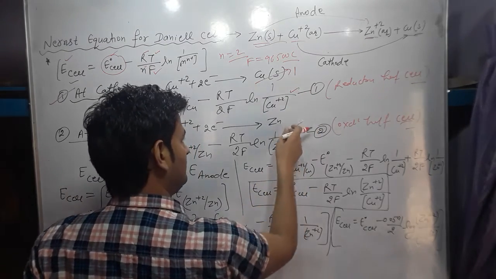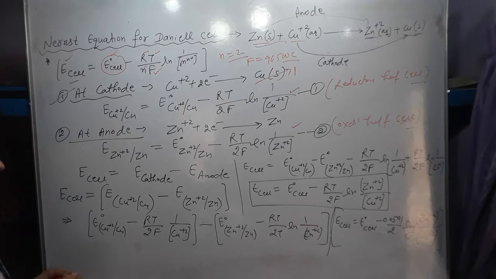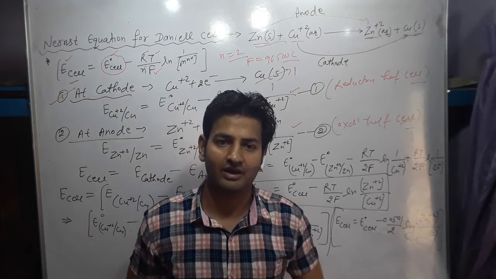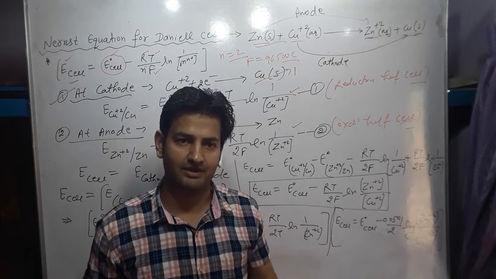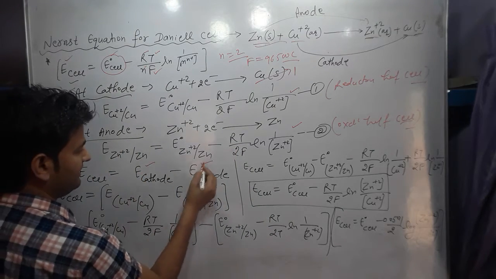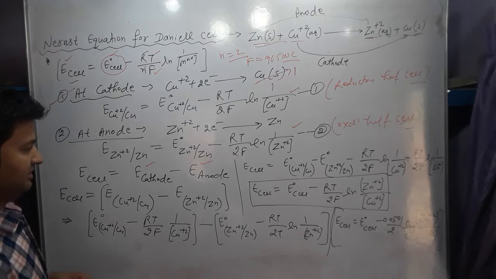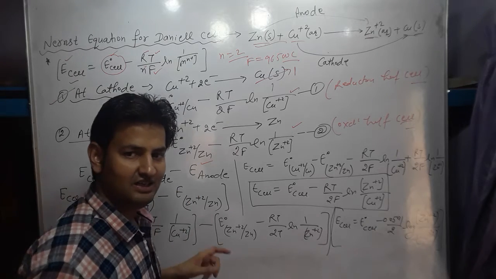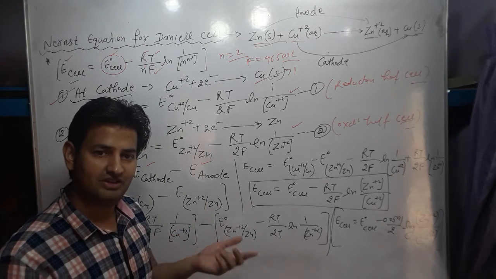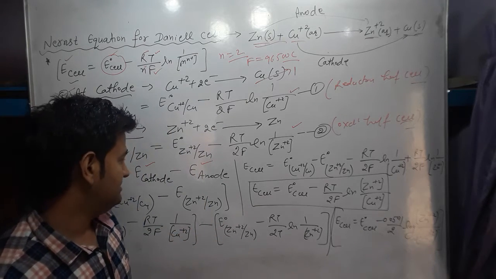Now combine these two equations, then we can calculate the EMF of the cell. EMF of the cell we generally calculate by subtracting the standard EMF at the cathode minus the EMF at the anode. The cathode is present on the right hand side and the anode is present on the left hand side when we represent an electrochemical cell.